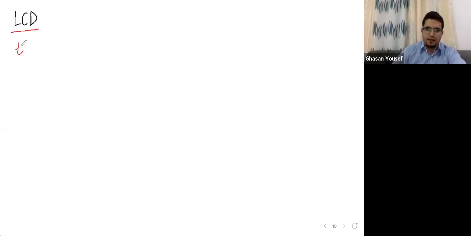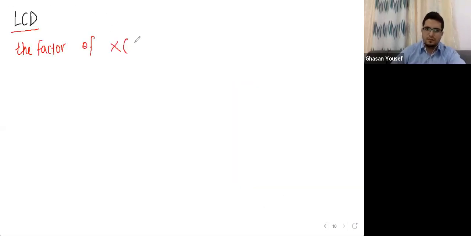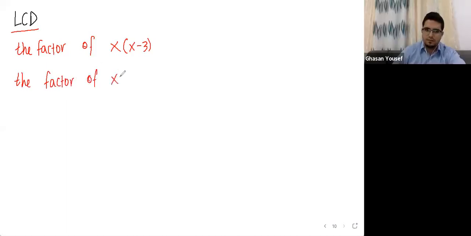So what is the factor of x times x minus 3? It is already factored.